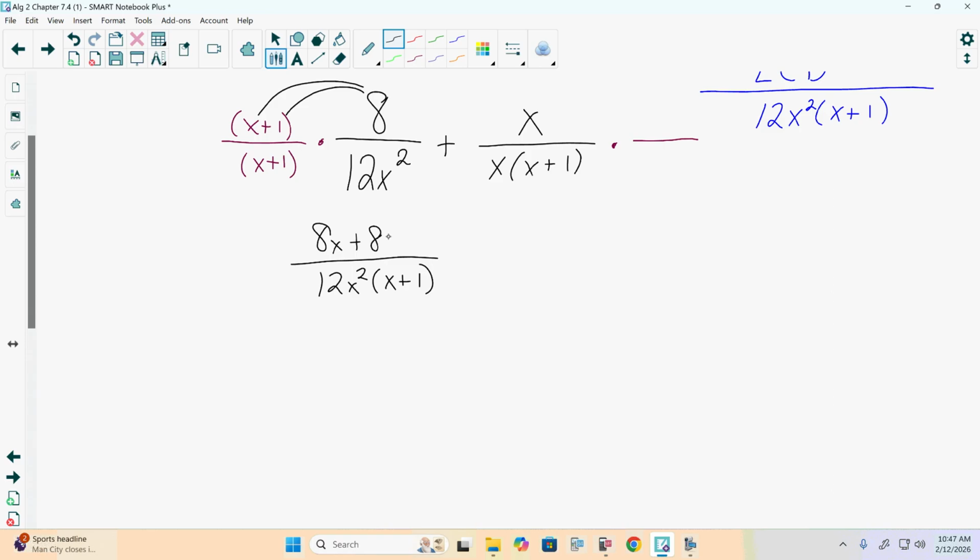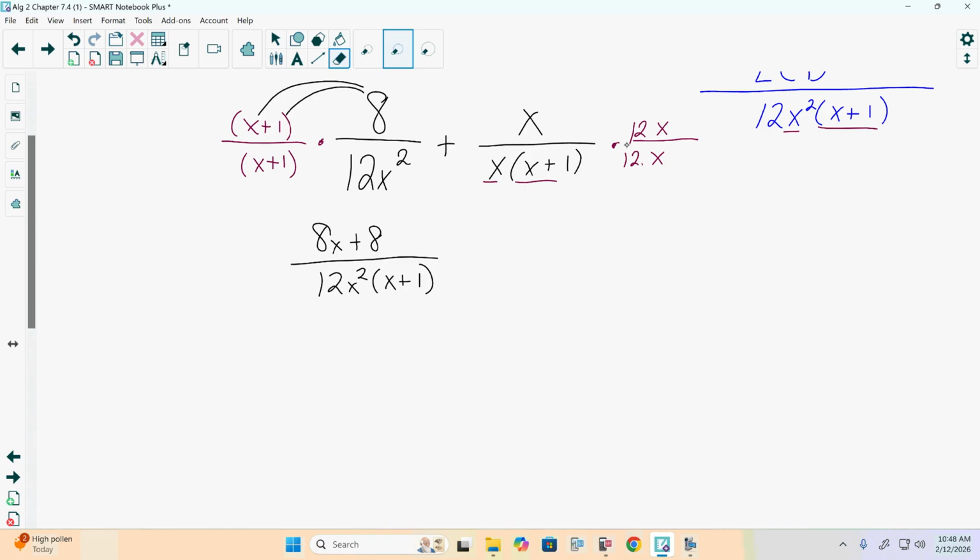Now we need to do the same thing to the right side. Now on the right-hand side, we already have the x plus 1. We already have an x, but we don't just need x, we need x squared. Since it's missing an x on bottom, we're going to multiply it by x on top and bottom to get that x squared. What else will we need to multiply it by? 12. Because it's missing the 12.